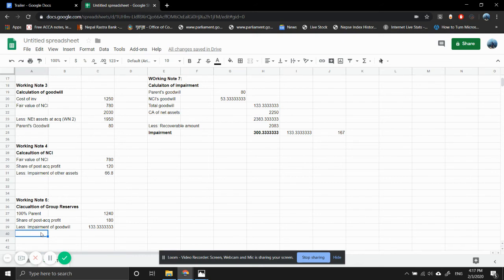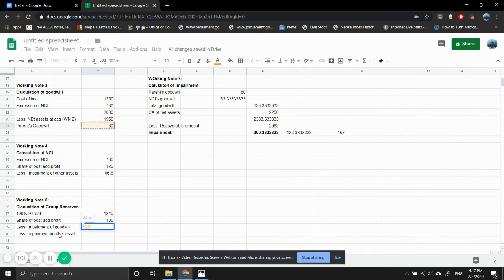So less impairment in other assets, right? Less impairment in other asset will be... The parent's goodwill is only 80, right? So only 80 will be exhausted.